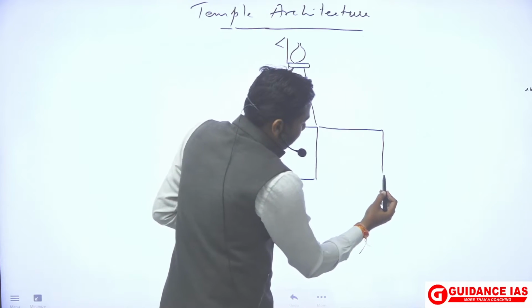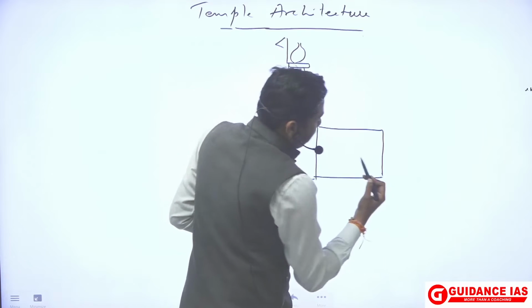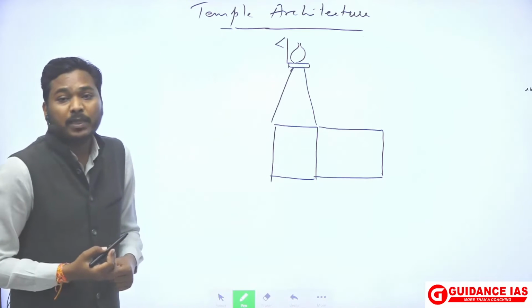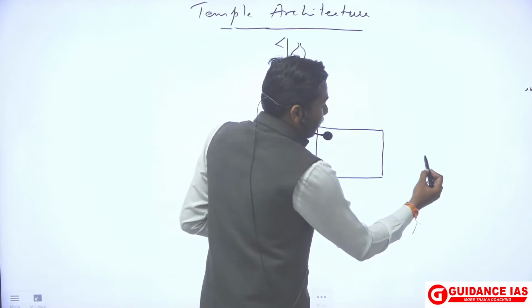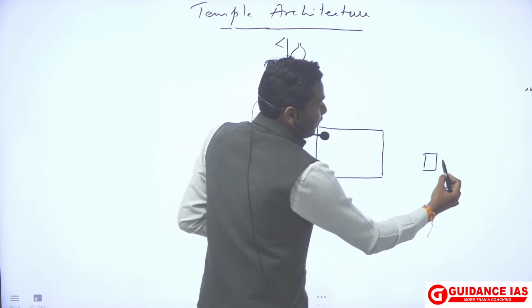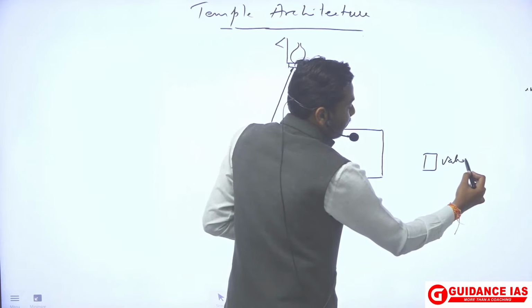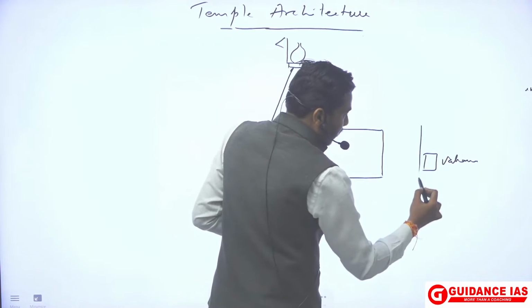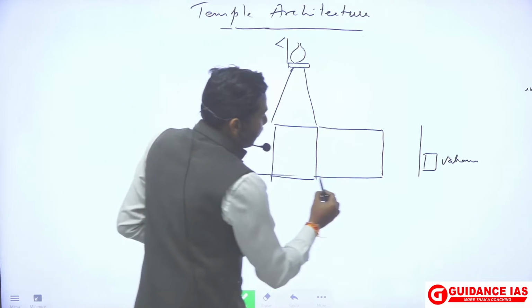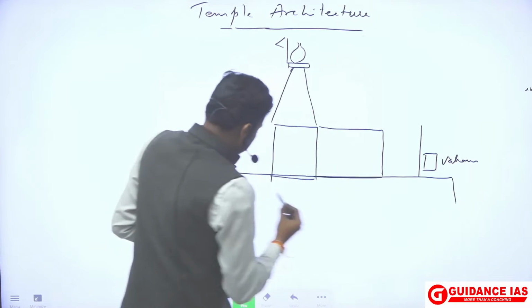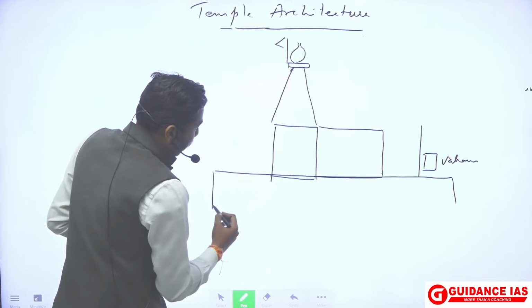In front of Garbhagriha there is a Mandap. Clear? And in front of Mandap there is Vahan or Stambh. Clear? And this entire structure is built on a raised platform.